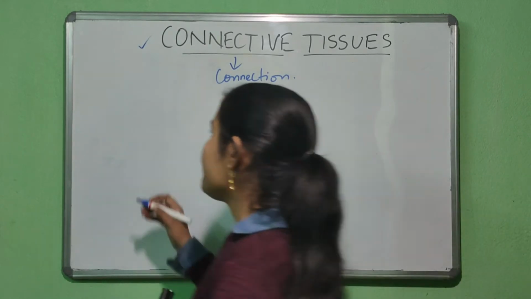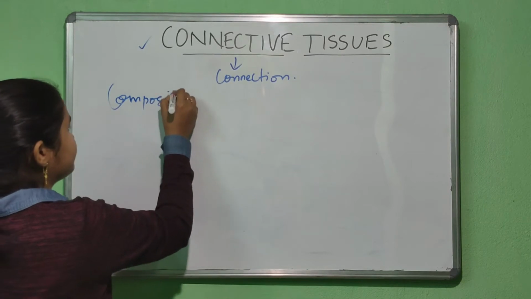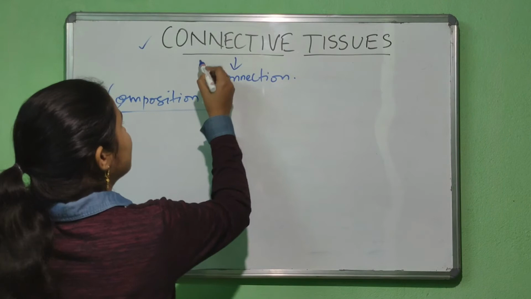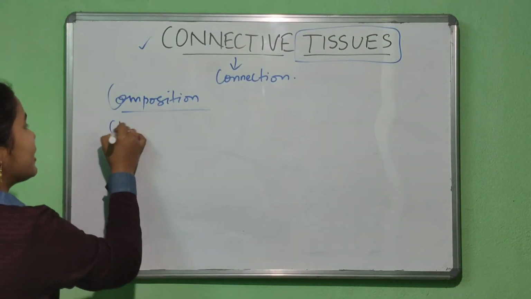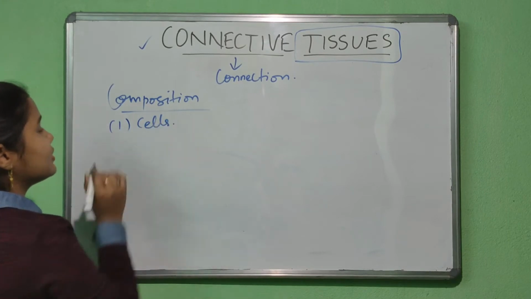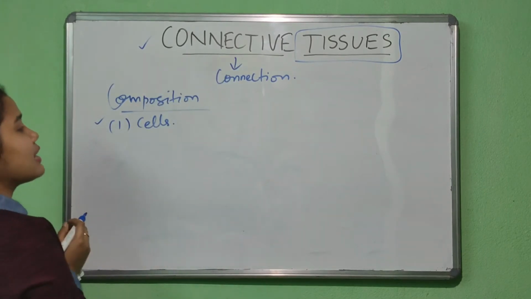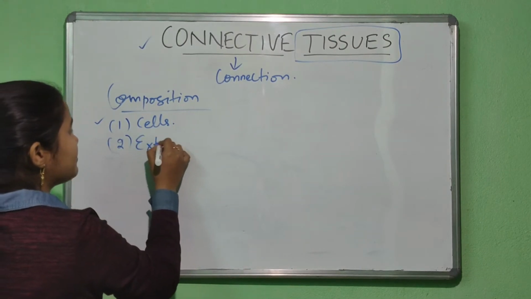Now let us discuss the composition of these tissues. Considering the composition, we are saying tissues, right? So obviously these are made up of cells. The first element of the tissues are the cells, and the second one is the extracellular matrix.